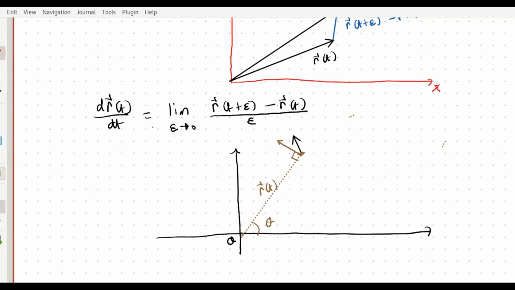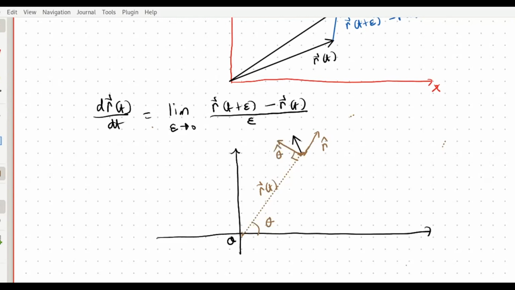So we want unit vectors that are perpendicular and parallel. This unit vector is called r hat, and this one is called theta hat.